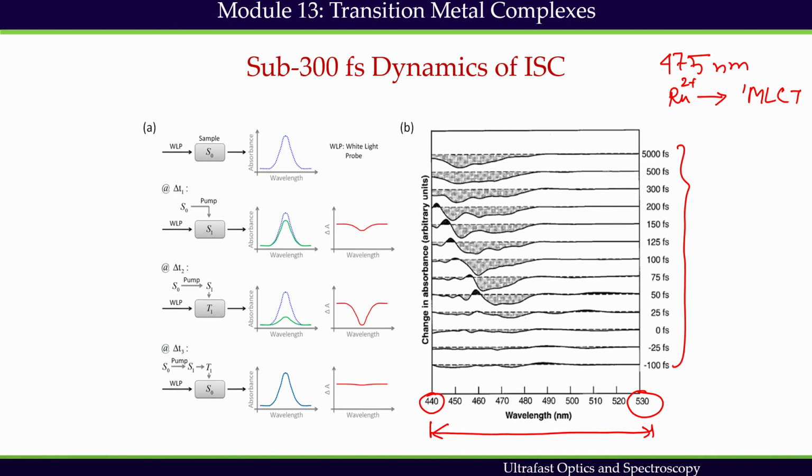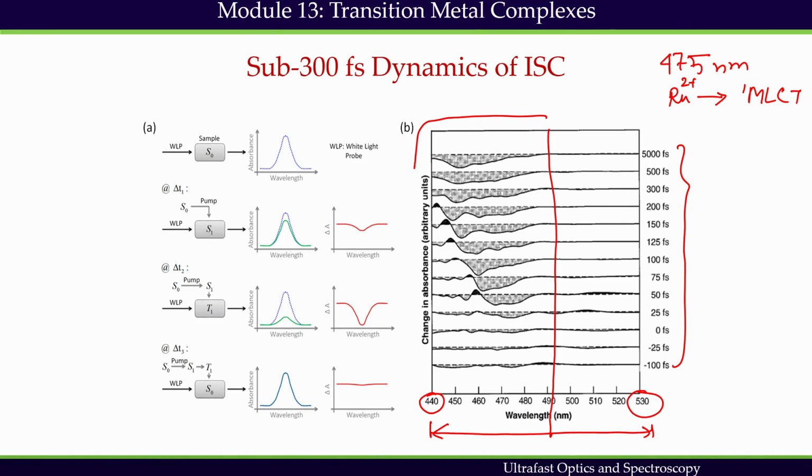Excited state difference spectra at various time delays show that the spectral changes in the 440 to 490 nanometer range are quite dramatic. In this regime, the spectral change is quite dramatic.